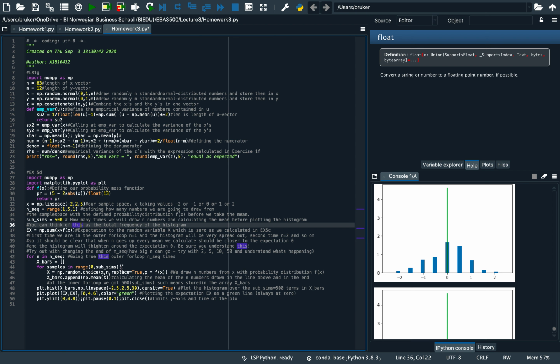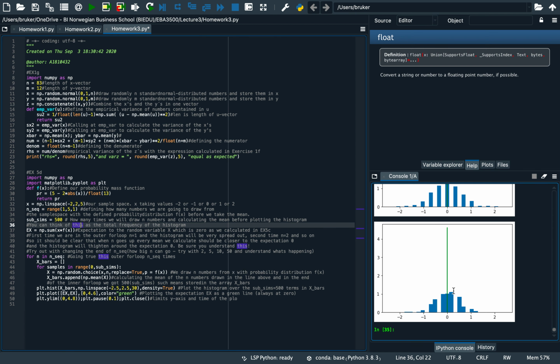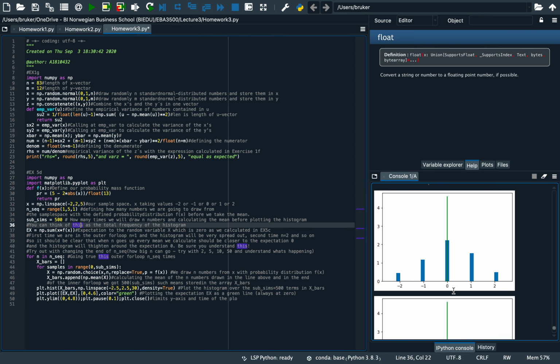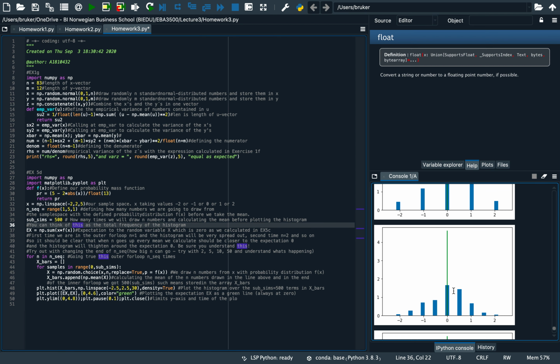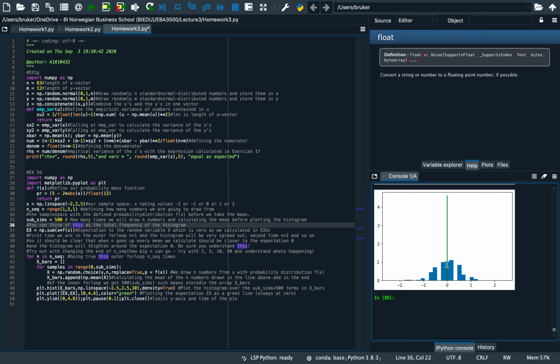And this we do 500 times, such that we have 500 means of 4 numbers. And we can see that something is happening here. As n goes up, the histogram tightens around the expectation 0. And this you should understand yourself, think about it.